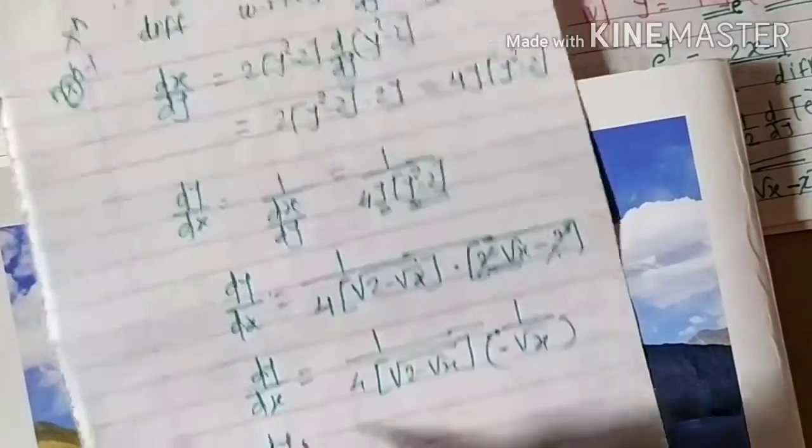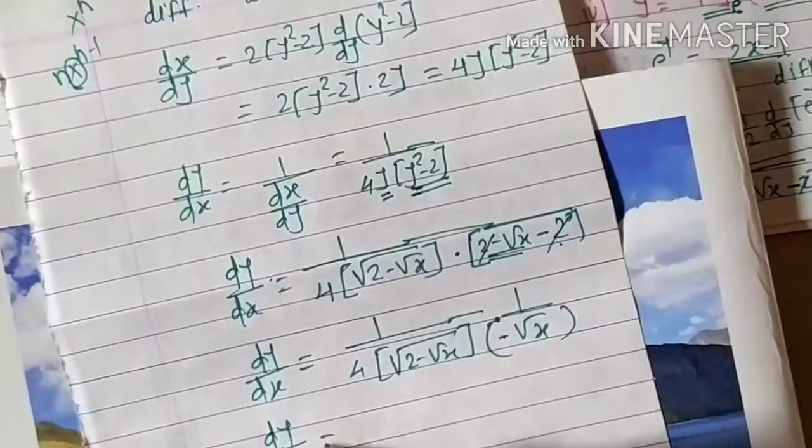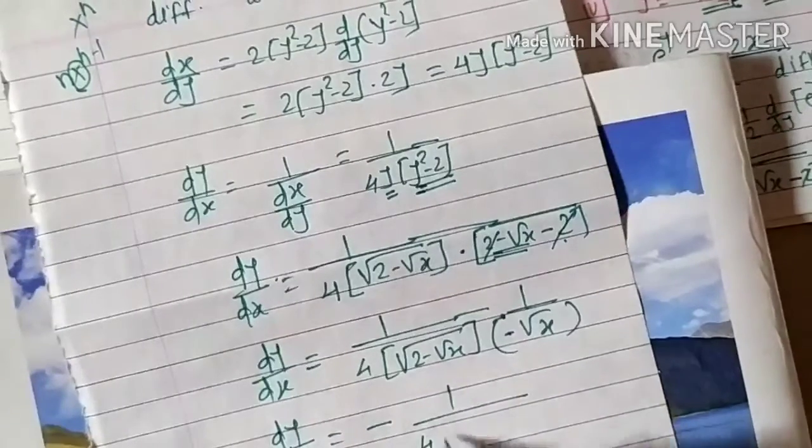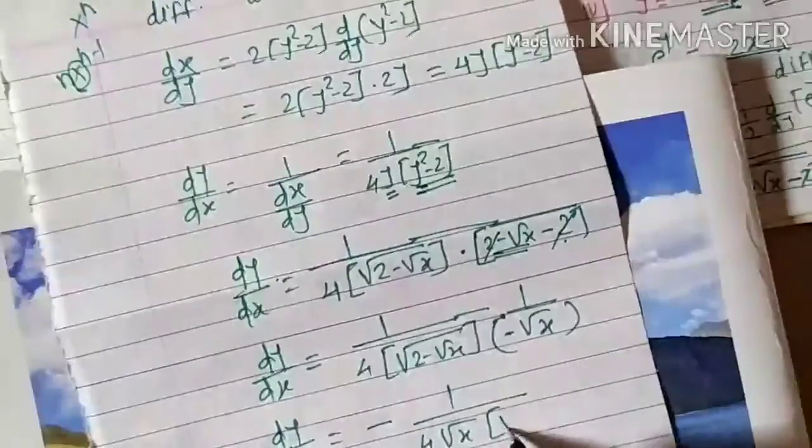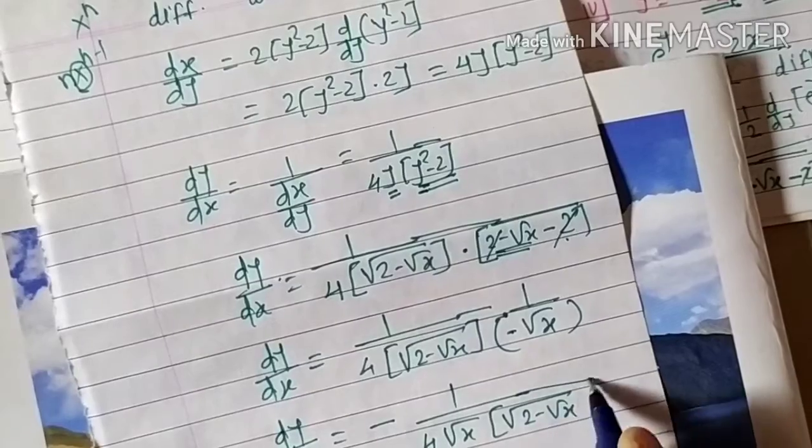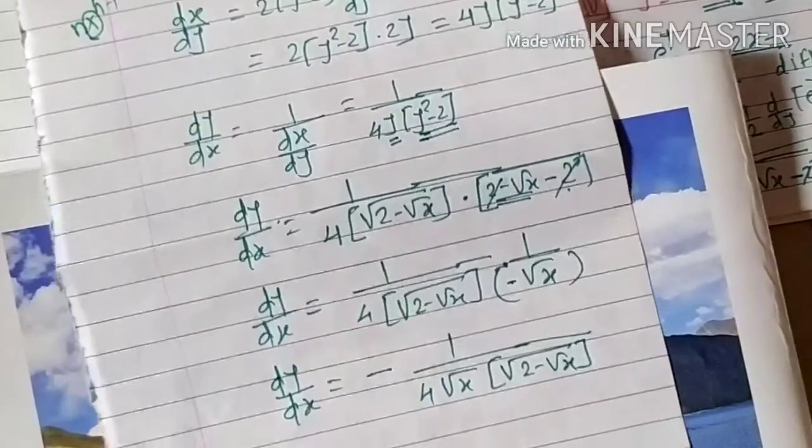Then dy by dx is equal to 1 upon 4 into root of 2 minus root x into 1 upon minus root x. We take the minus sign outside, and dy by dx is equal to minus 1 upon 4 into root x into root of 2 minus root x, which is the value of dy by dx.